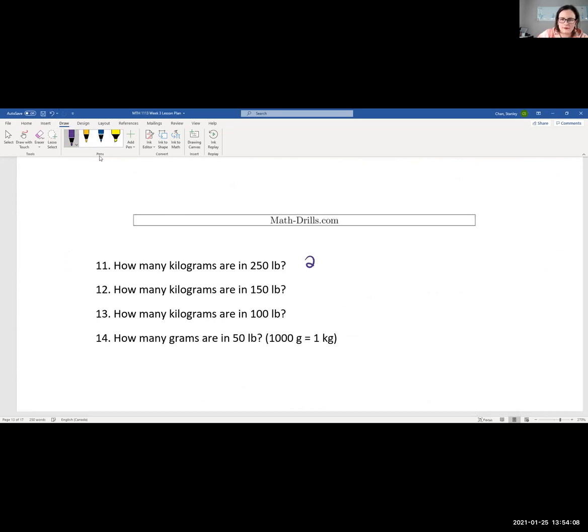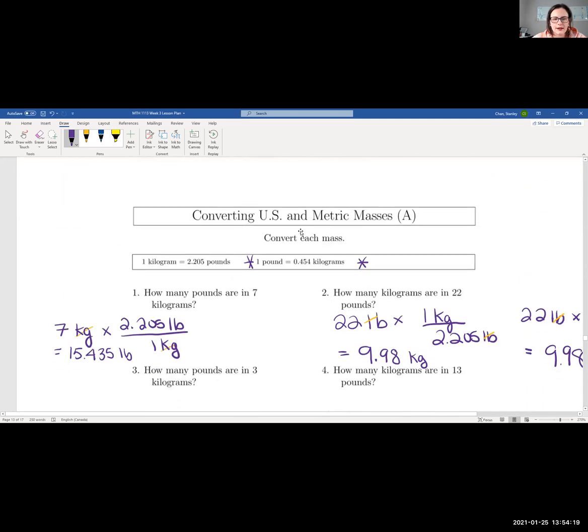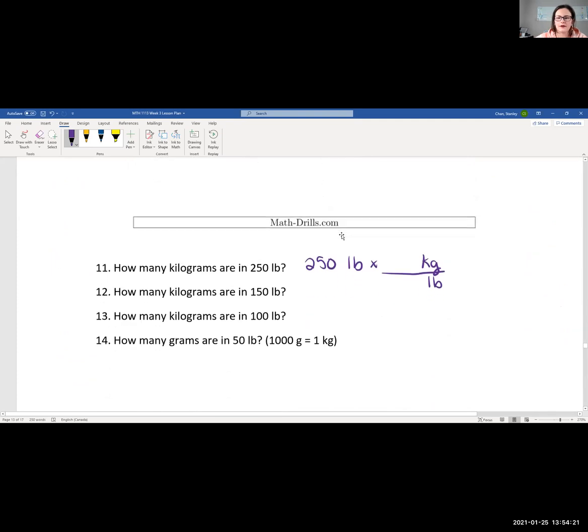All right, 250 pounds, and then we're going to multiply by kilograms per pound. Let's say there's 1 kilogram in 2.205 pounds.